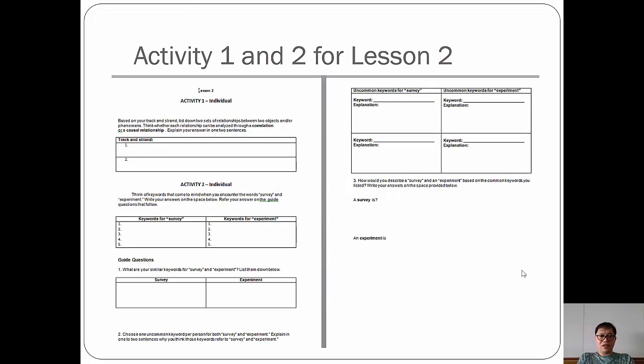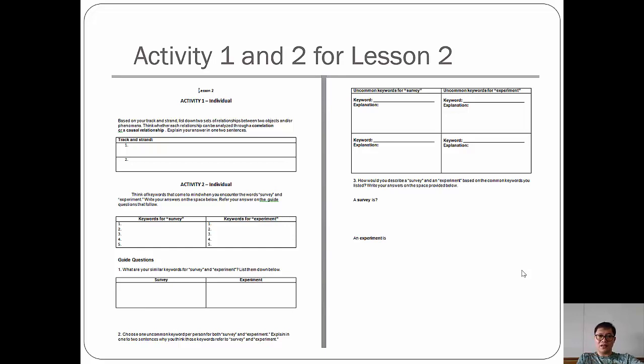Activity 1 is individual and activity 2 is also individual. For activity 1, based on your track and strand, list down two sets of relationships between two objects or phenomena. So I have two questions only in activity 1, and several questions in activity 2.